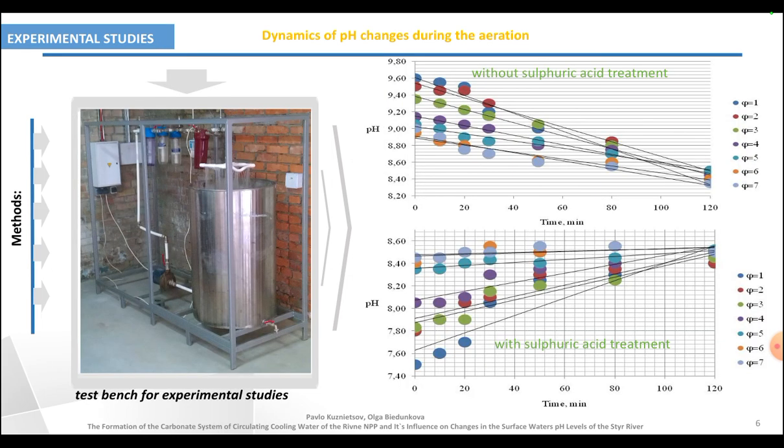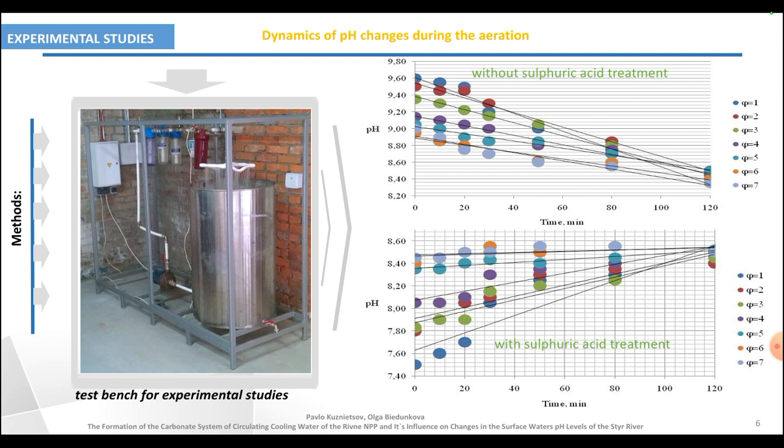During air aeration, for the sample treated with liming, a decrease in pH is observed, which is accompanied by a shift in the carbonate balance due to carbon dioxide neutralization with the formation of bicarbonate.